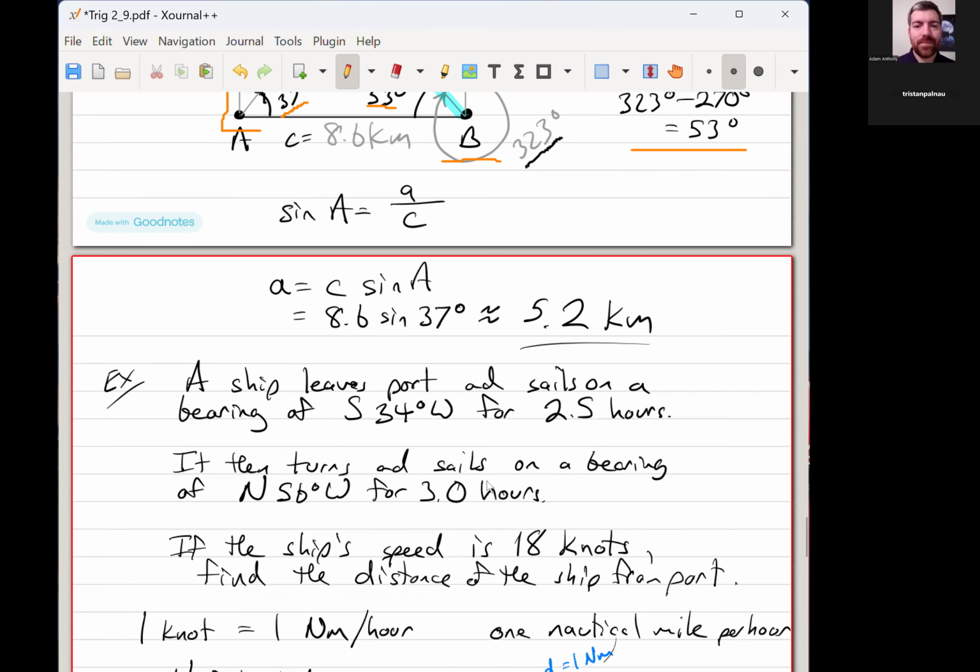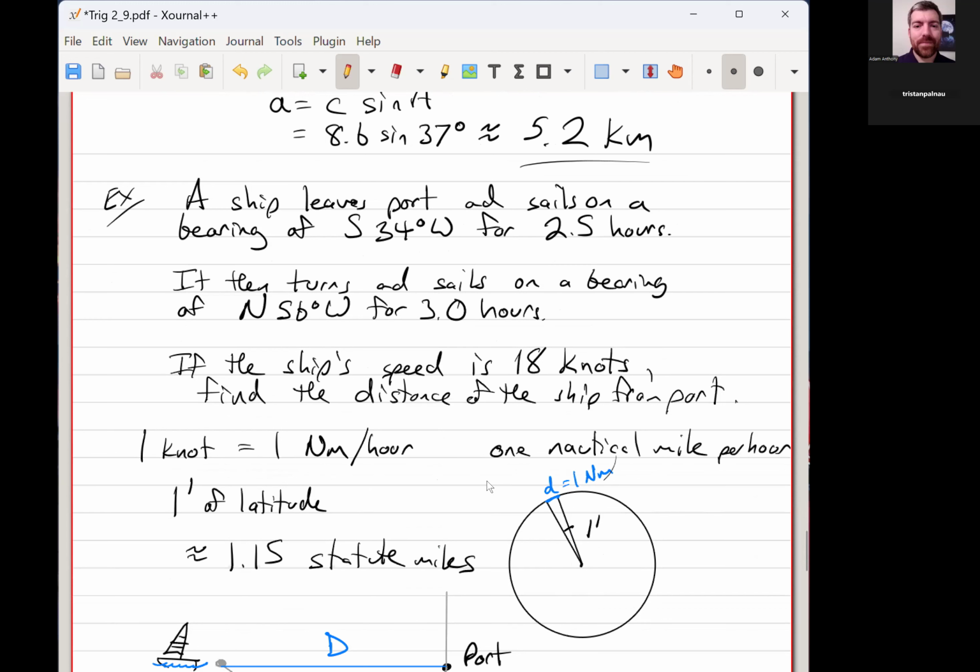I also have a nautical bearing example here. So a ship leaves port and sails on a bearing of south 34 degrees west. I have a highlighter, so let's use that now here at the end. South 34 degrees west for 2.5 hours.